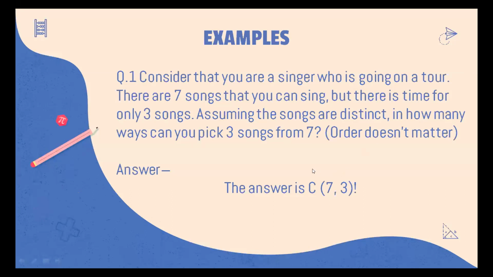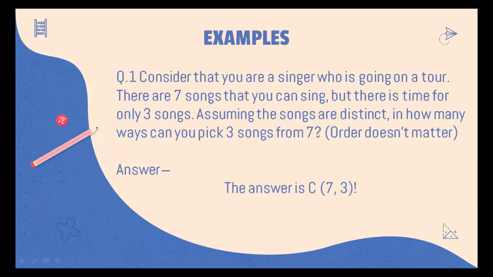Okay, a few examples over here. The same example as earlier, but here the order doesn't matter. We had seen yesterday that we want to sing 3 songs out of 7, but now the order does not matter. If you choose ABC, BAC, ACB, BCA, all of them are the same, right?